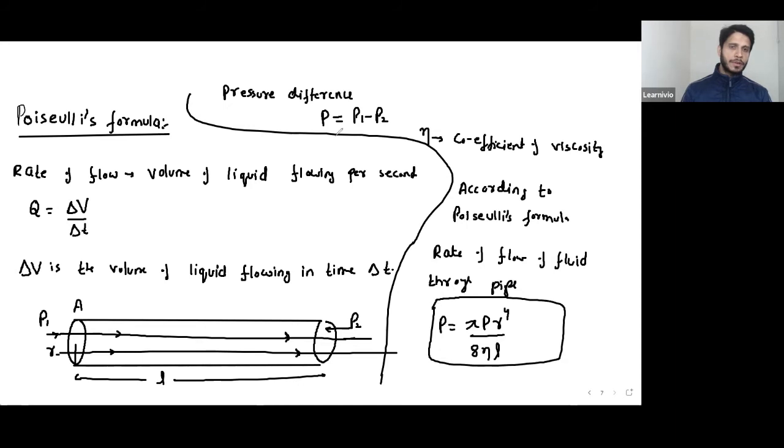And instead of P, I should represent the rate of flow by Q. This is the rate of flow of liquid through the pipe.